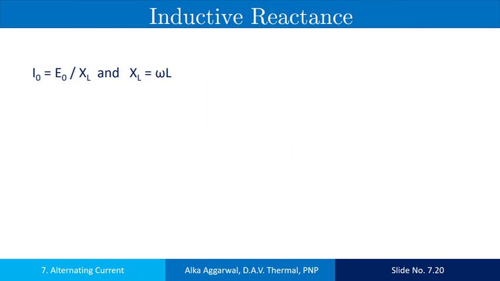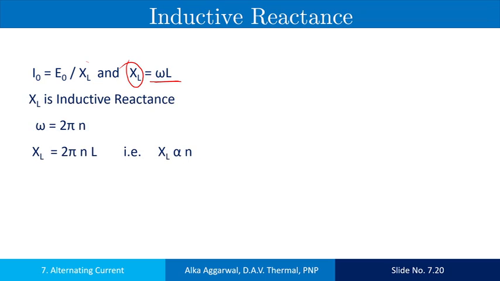Now the inductive reactance. As I already told you, inductive reactance is represented by XL, which is equal to omega L. Omega is 2 pi n, where n is the frequency. It means the inductive reactance is directly proportional to the frequency. For DC circuits, the frequency is equal to 0.